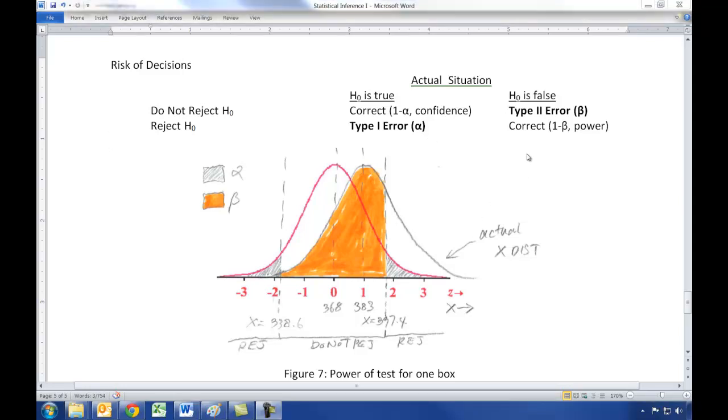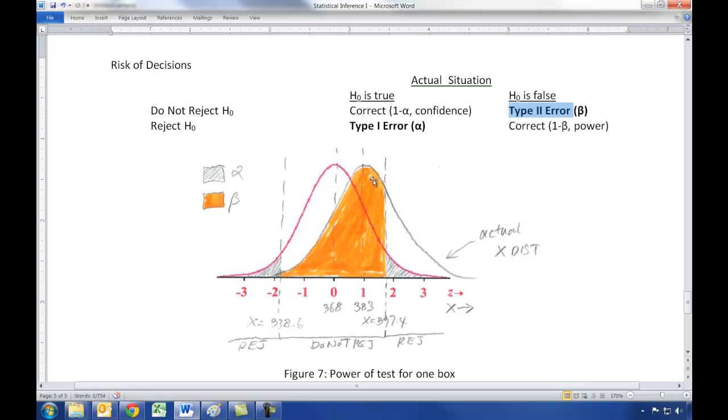We now look at how we can estimate the probability associated with making a type 2 error. The type 2 error occurs when we do not reject the null hypothesis, but in actuality the null hypothesis is false. But in order to estimate the probability, we need to further assume we have the knowledge of the true mean.